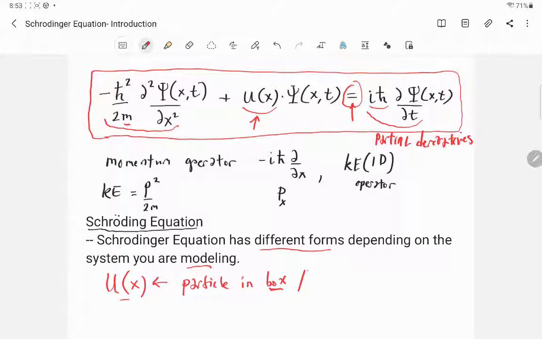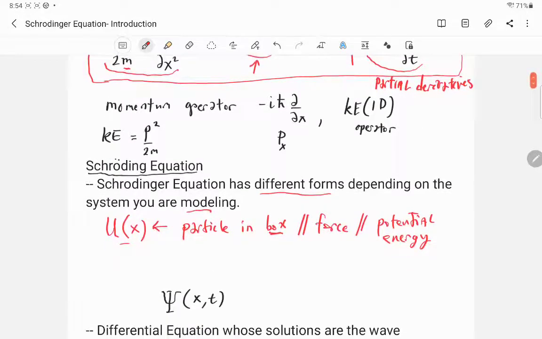In a sense, u of x tells us about force. The best way to think of it is as potential energy, right? And potential energy, you can see, is a function of space.